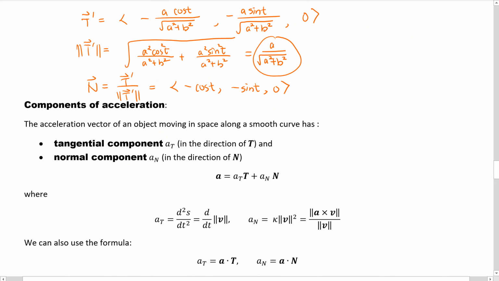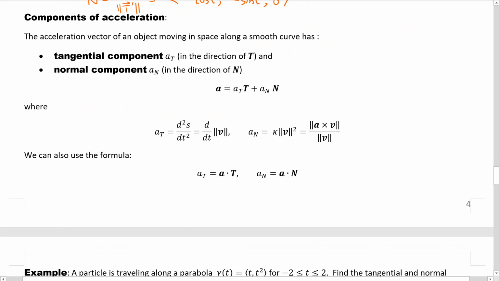Next topic, components of acceleration. The acceleration vector of an object moving in space along a smooth curve has a tangential component A_T in the direction of the tangent vector and a normal component A_N in the direction of N. Okay, so let me draw a picture here. What is T?